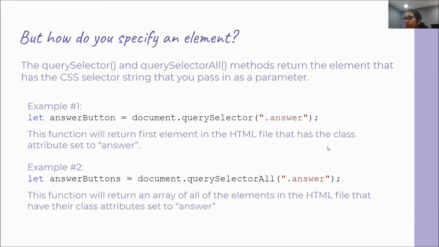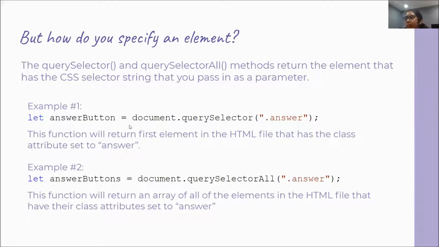So how do you specify what element you want to add the event listener on? There are multiple methods that you can use to get a specific element from the HTML that you produced, and one of them is querySelector.